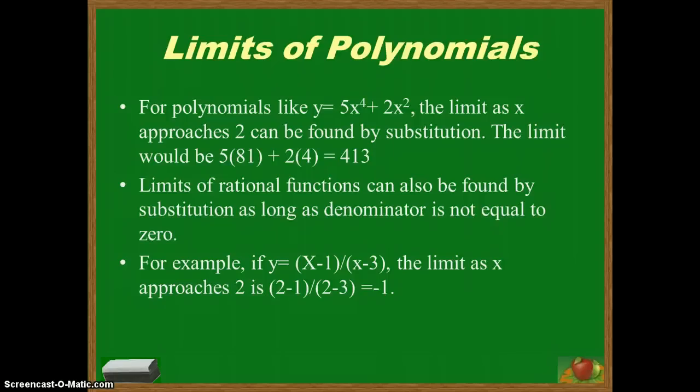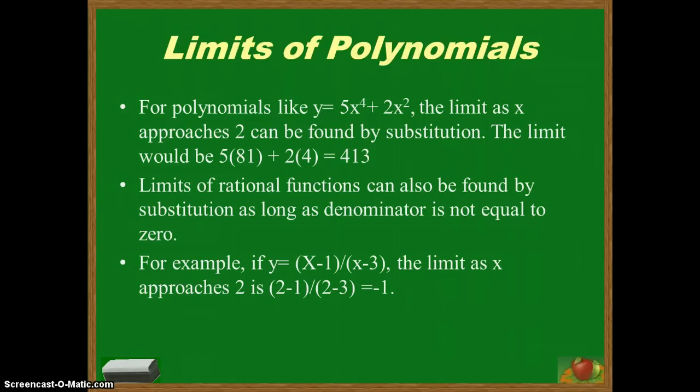Limits of polynomials. A polynomial, if you remember, is just ax cubed plus bx squared plus c. They're very easy to find. All you do is just substitute the value you're trying to approach into the polynomial.